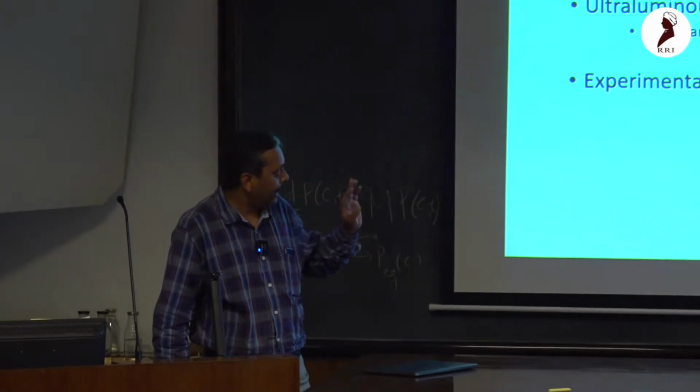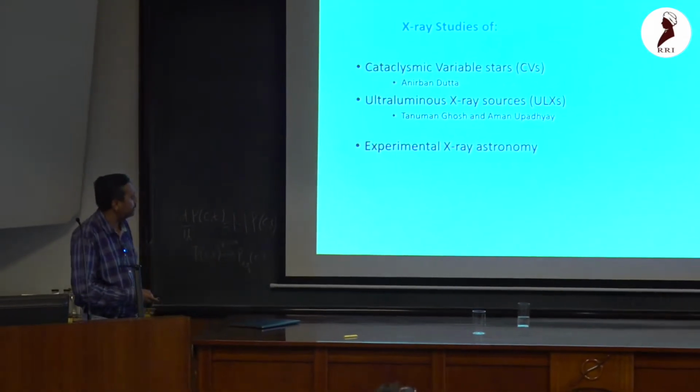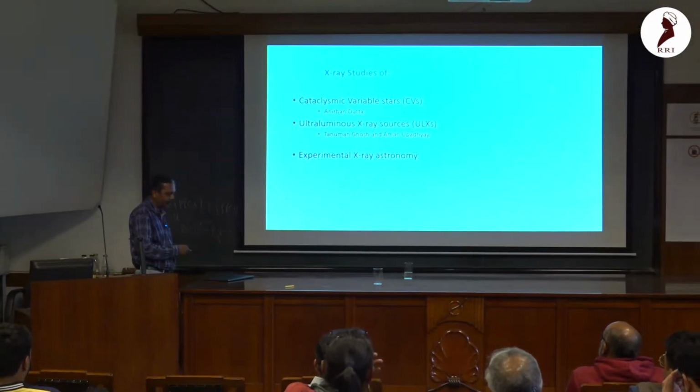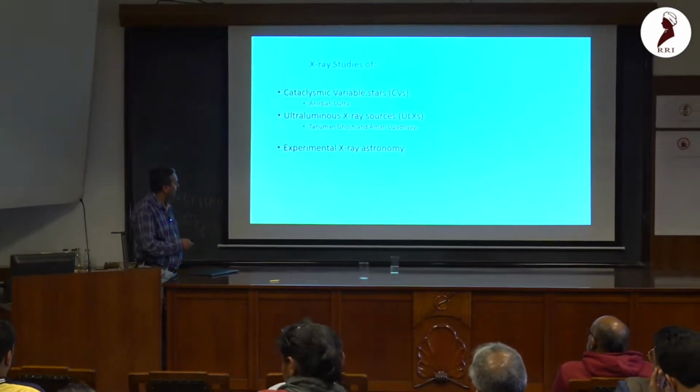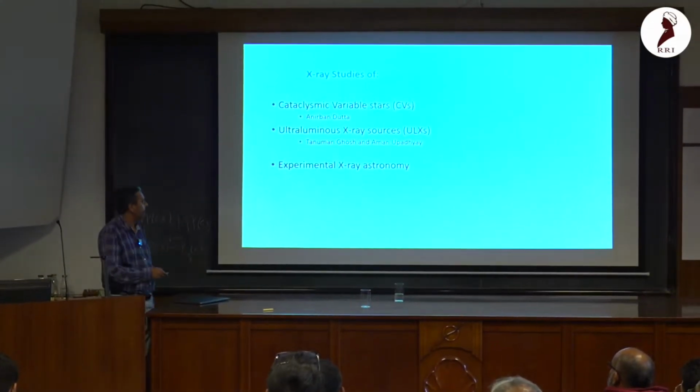I will skip the ULXs for today, and we'll go to the CVs and some of the experimental projects apart from the POLIX that Vishwit has mentioned in the morning.